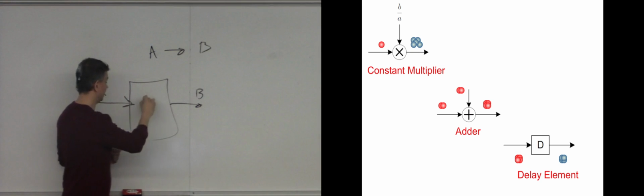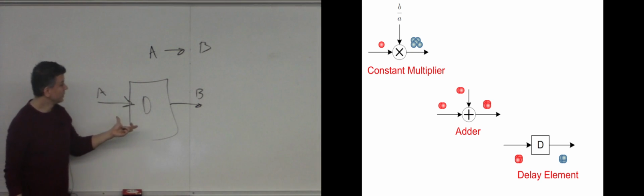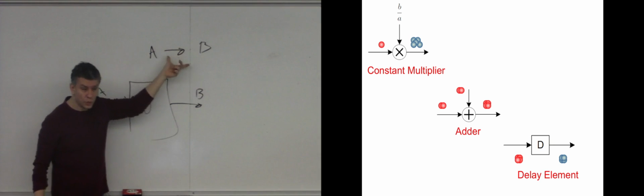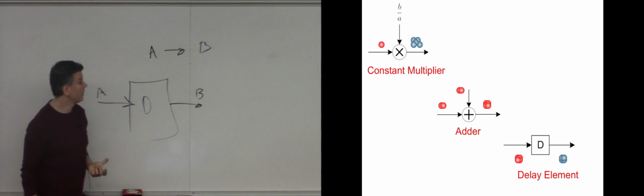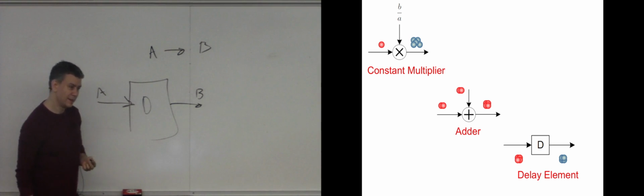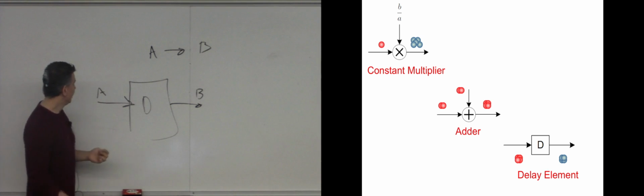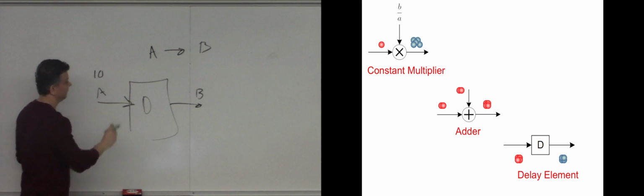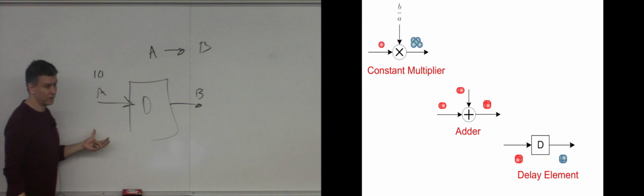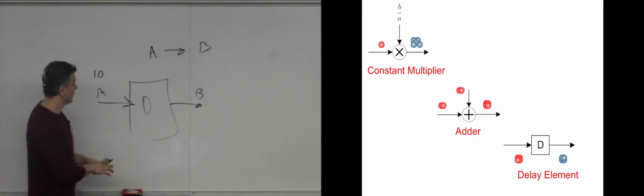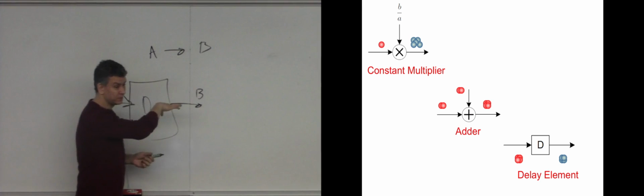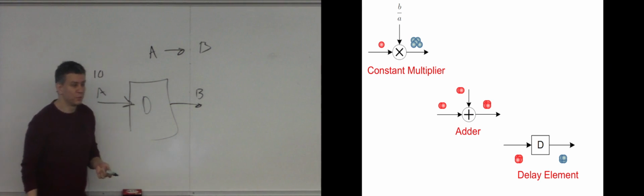We want this to be a delay. So here, we just make this reaction extremely slow, maybe 1,000 times slower than everything else. But that doesn't quite work, because here we have the concentration 10 coming in. But then this reaction takes molecules of A and makes molecules of B. But it does so progressively.